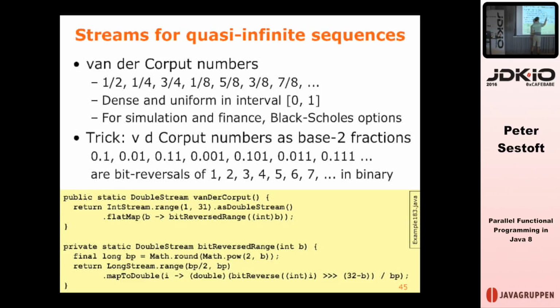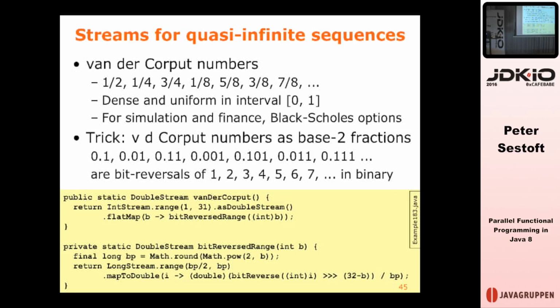For instance, for Black-Scholes options evaluation, we can use either pseudo-random numbers or van der Corput sequences. The van der Corput sequence is this one: a half, a quarter, 3/4, 1/8, 5/8, 3/8 and 7/8.